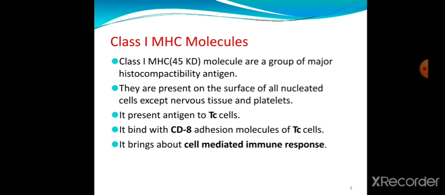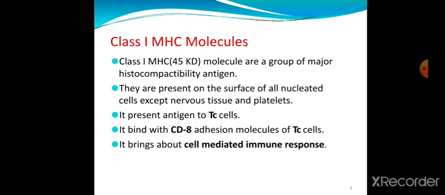One thing you should note down: on RBCs, MHC is not present because blood group antigens are present on RBCs. Class 1 MHC are glycoproteins in nature and transmembrane molecules present on all nucleated cells, encoded by HLA-A, HLA-B and HLA-C genes.